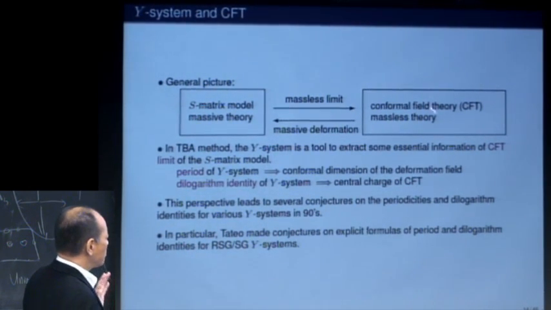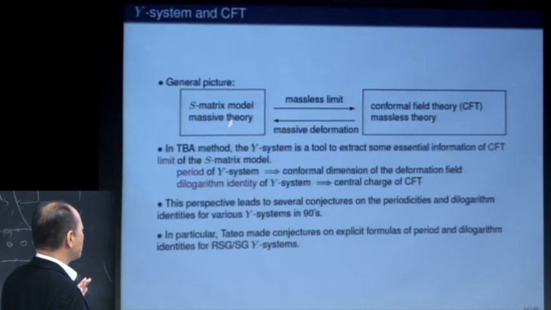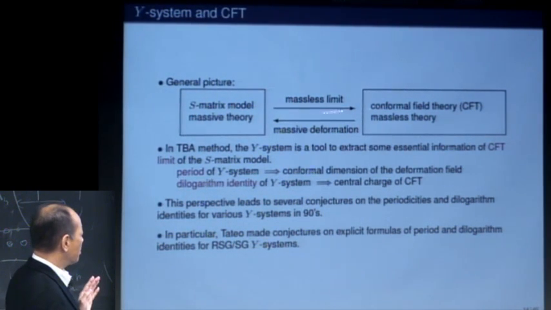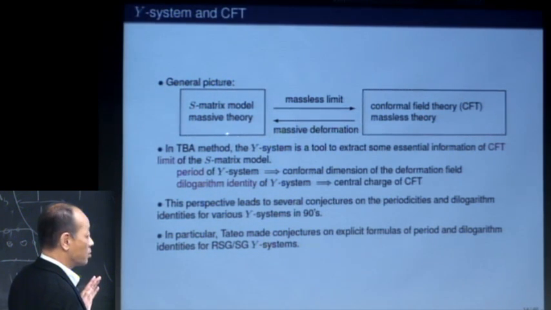On the other hand, two-dimensional conformal field theory is a massless theory. And there is a strong belief that this integrable S matrix model and the conformal field theory are related in the following way. Taking a massless limit, you get conformal field theory. From conformal field theory, you consider some massive deformation and get the S matrix model, and so on.